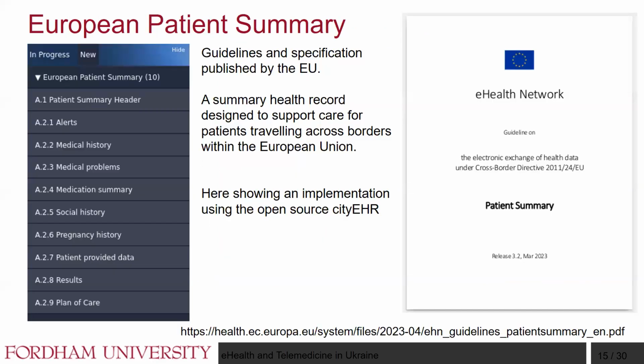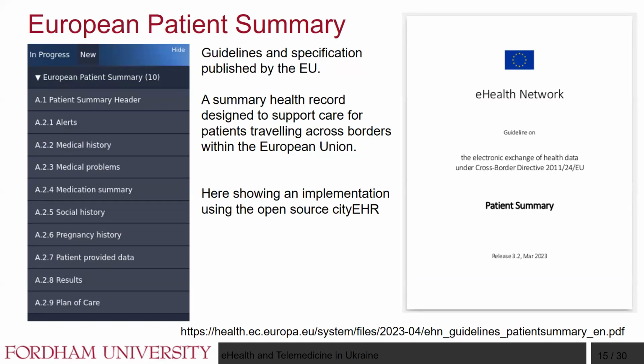So the European patient summary are guidelines published by the EU with the intent of having a summary record which can follow citizens of Europe as they cross borders in the European countries. And that's a list on the left-hand side of the contents of the European patient summary.